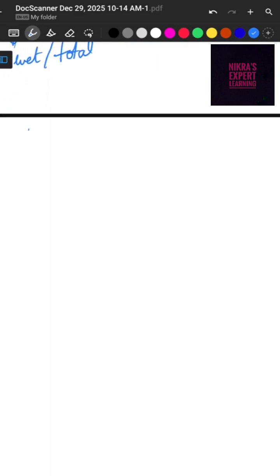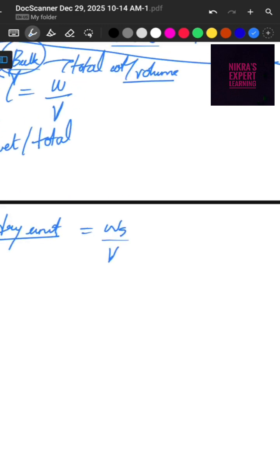When I'm talking about dry unit weight, that was the wet one, but the dry unit weight is defined as weight of solids by volume. Because as I'm saying dry, here we cannot consider the wet part of the soil. We are only considering the dry part, that is soil and air, and we know the weight of the air is 0, negligible.